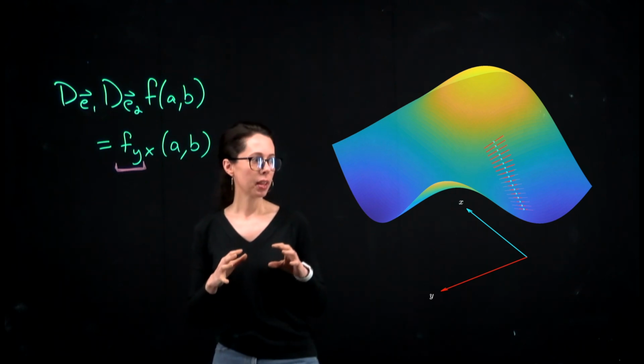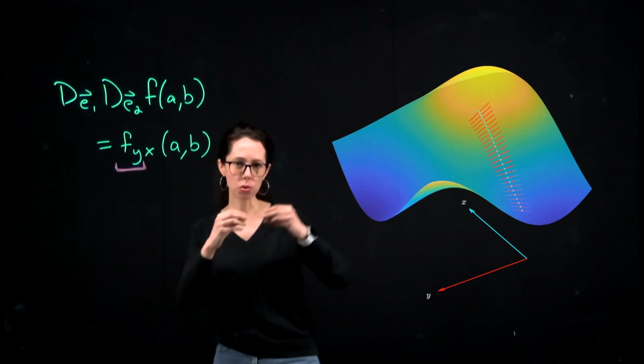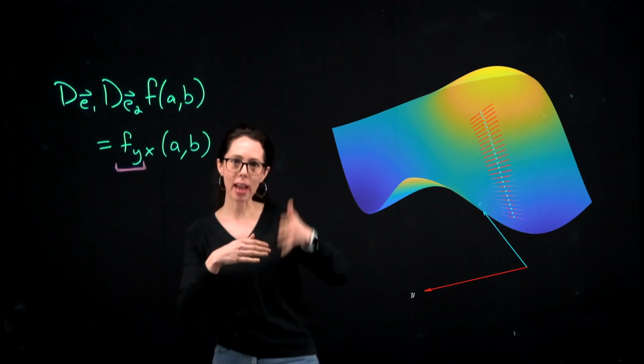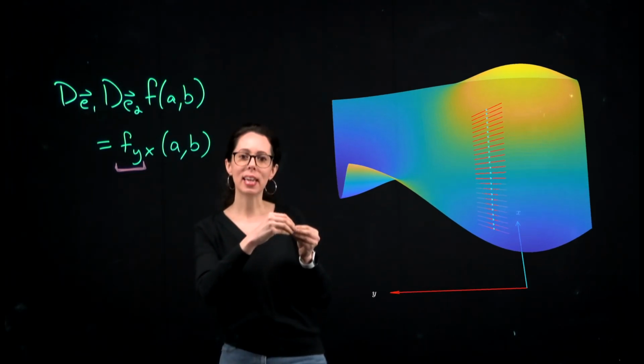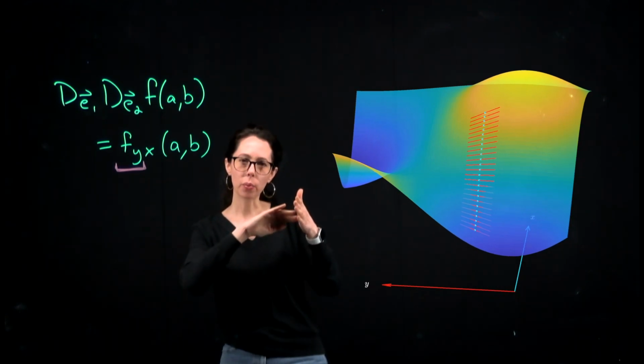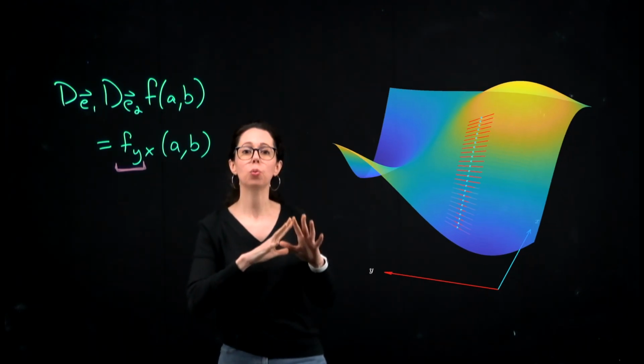It's trying to illustrate this concept. Each of those red line segments is happening in an x equals constant plane, and I'm showing the slope of the tangent line in that plane, or in other words, how f changes with respect to y.